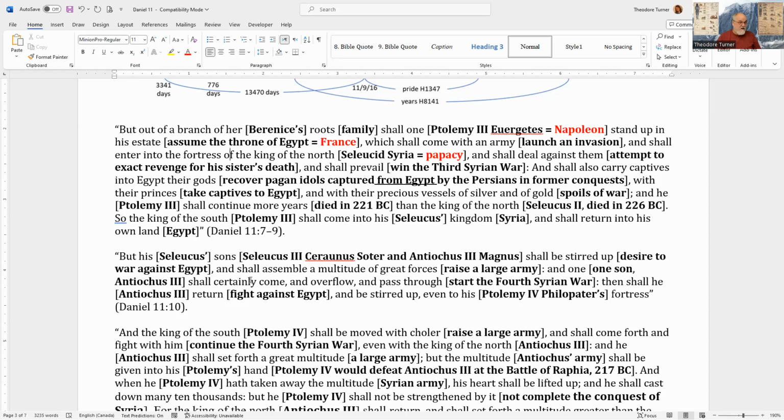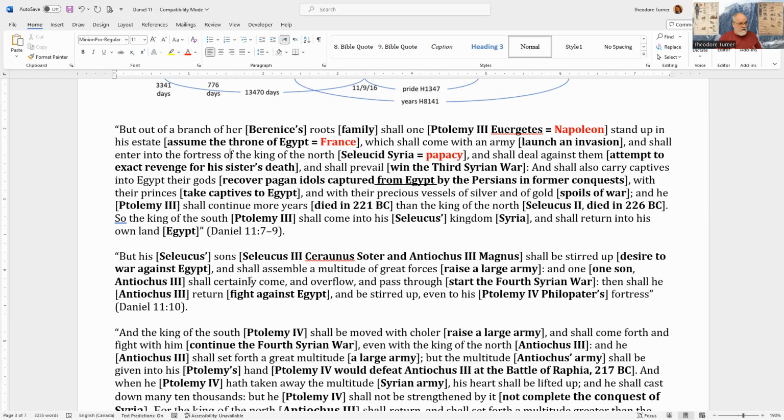Okay. Now, the way that we were doing this in 2017, by putting Napoleon and France there, assumes the throne of Egypt, that's France, putting this basically as the time of the end in 1798. So remember what we were doing. We were looking at the problem that the pioneers had in understanding Daniel 11, verses 40 to 45, right?